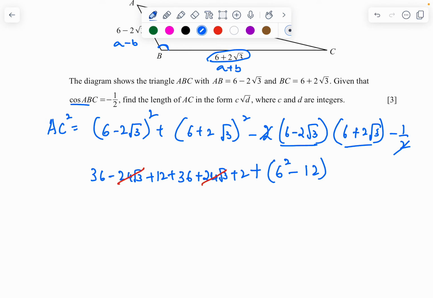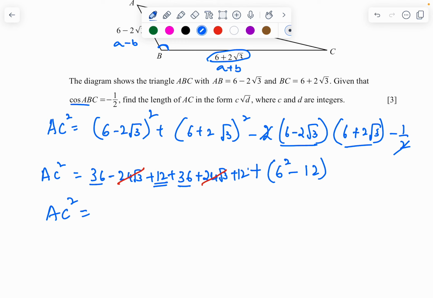So here, this is still AC square. It is going to be 36 plus 36 is 72, 72 plus 12 is 84, 84, this is also 12, 84 plus 12, right?